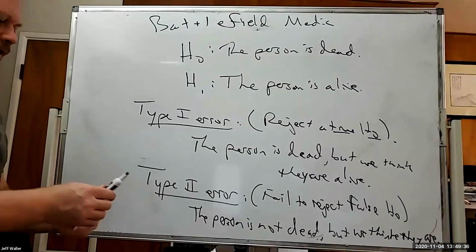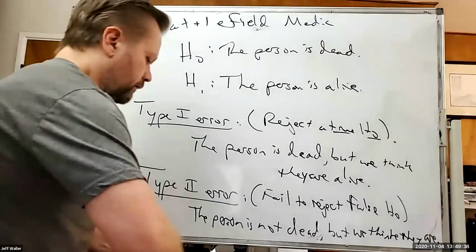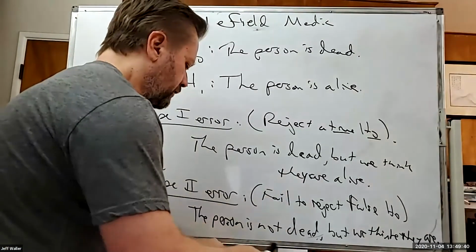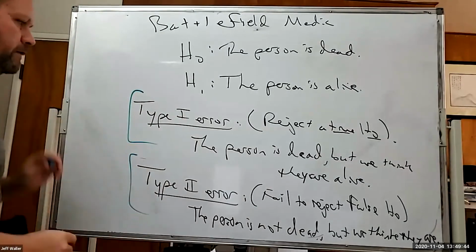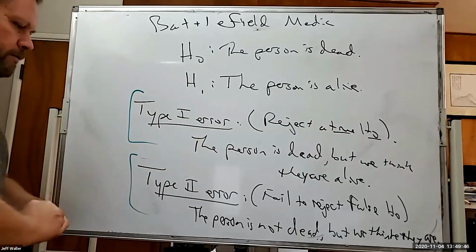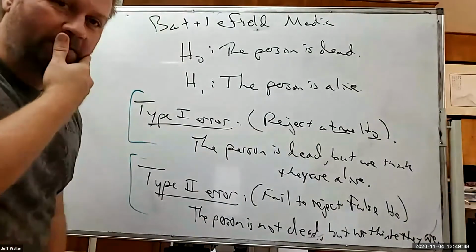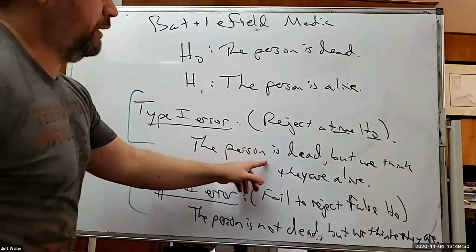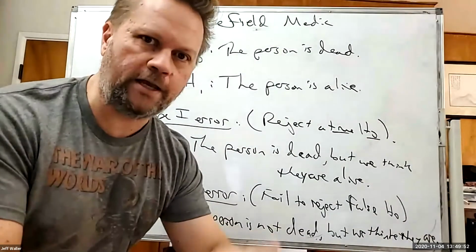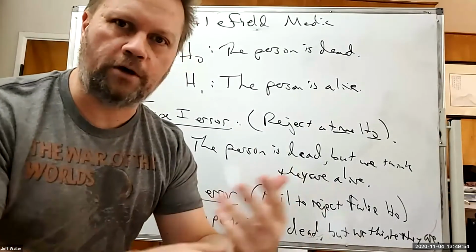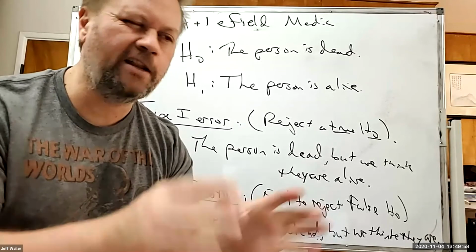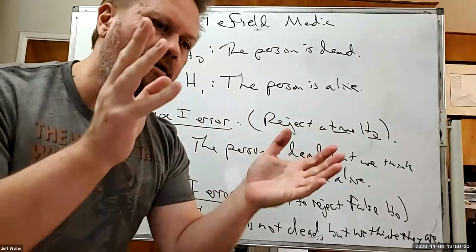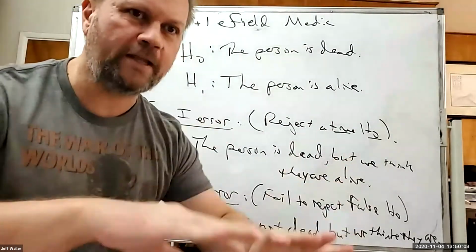So it's kind of a subjective question. Which type of error would be worse in this case? Right? If the person's actually dead, but we think they're alive, we're going to waste time trying to work on them. You with me? And of course, there's all this thing about, well, maybe they're not that dead. Maybe they're only mostly dead, and you can actually bring them back.